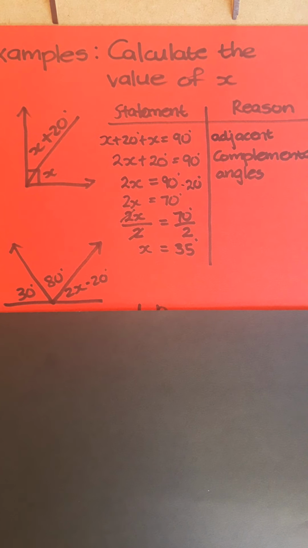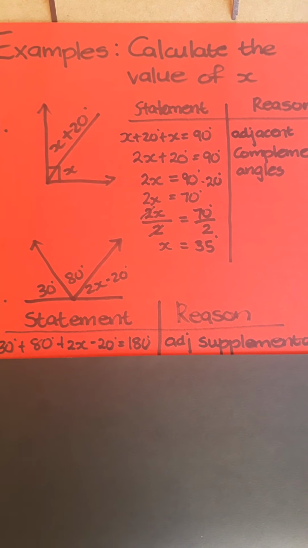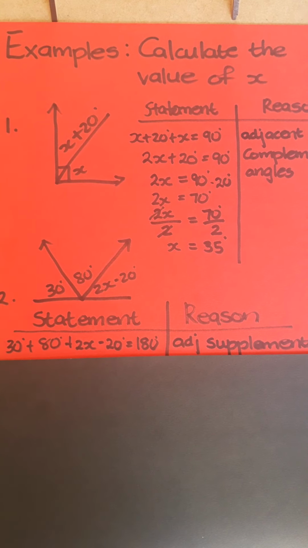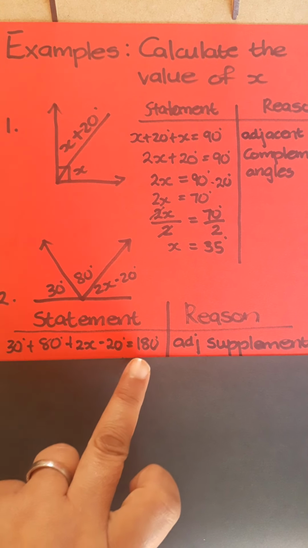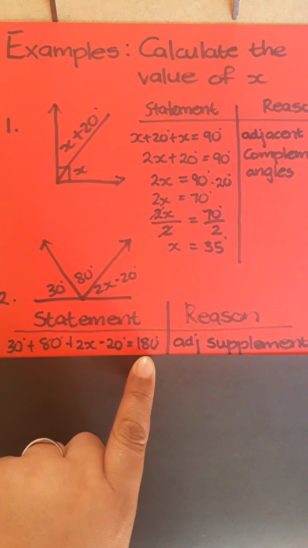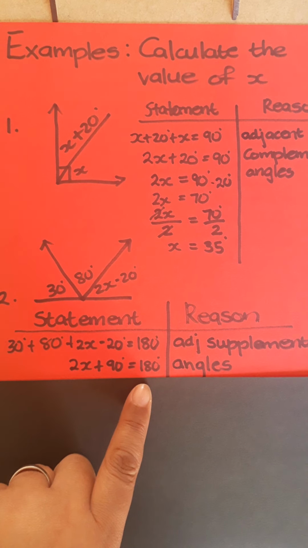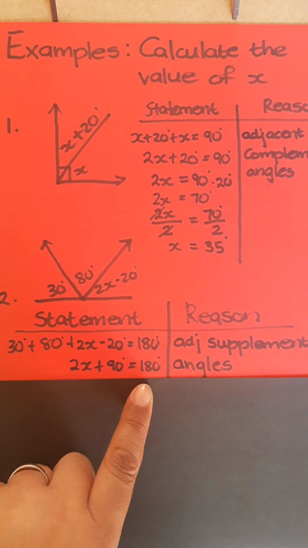Because they're angles on a straight line, under our statement it's going to be our 30 plus 80 plus 2x minus the 20 degrees equals 180 degrees. All I'm doing is adding each of these angles and making them into an equation where they equal 180 degrees. My reason is adjacent supplementary angles, or you can also say angles on a straight line.